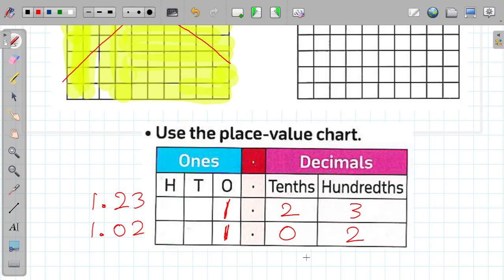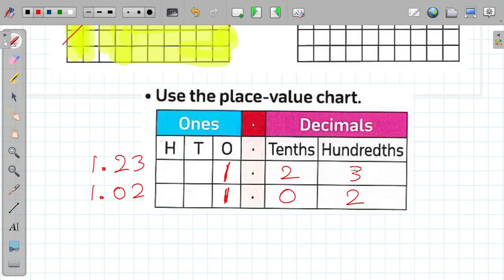Okay, so I will subtract the places from each other. So I have 3 minus 2 in the hundredths place, so it will be just 1. And I have 2 minus 0 in the tenths place, so it will be 2. And 1 minus 1 equals 0 in the units place, so I will have 0, so it will be just 0.21 or 21 hundredths.